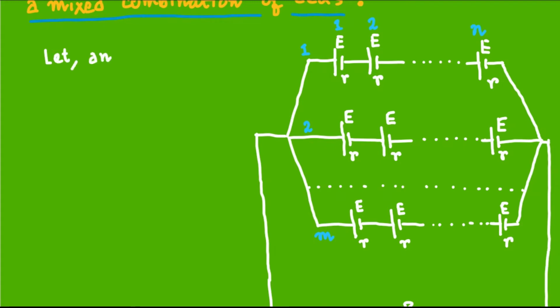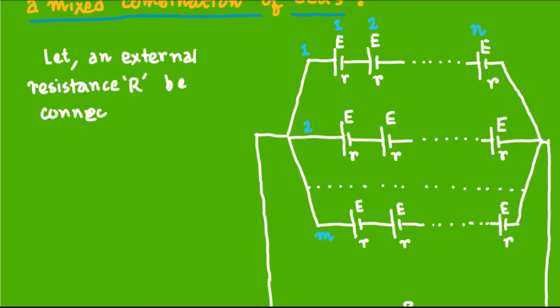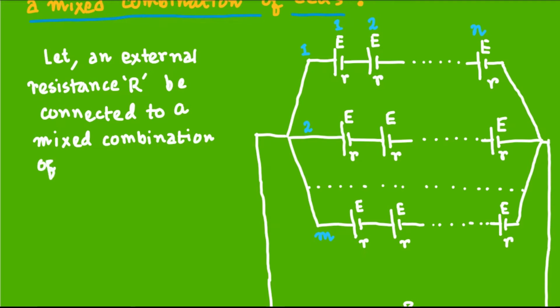Let an external resistance R, capital R, be connected to a mixed combination of m dot n number of cells.